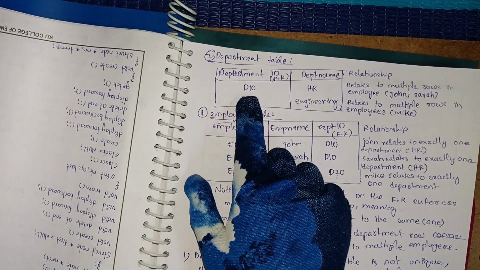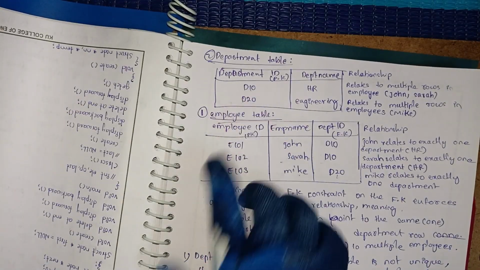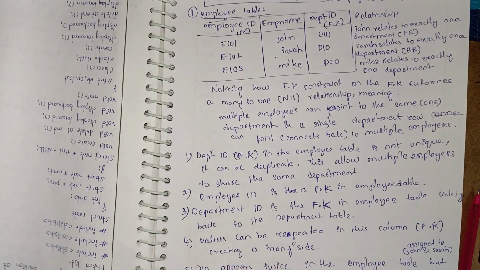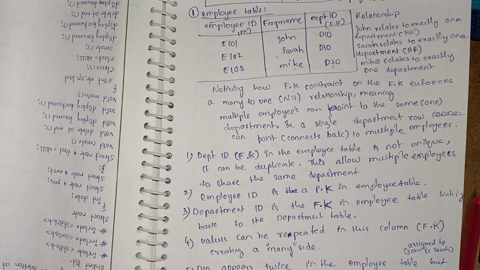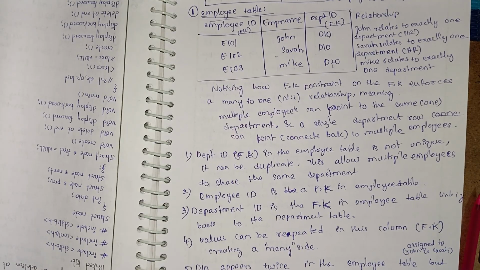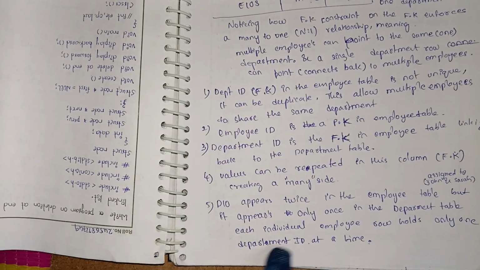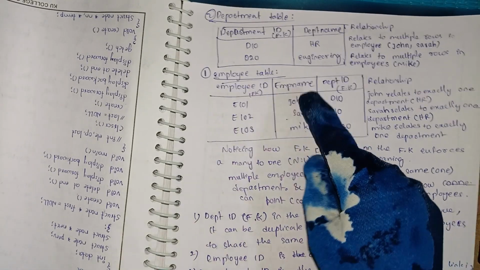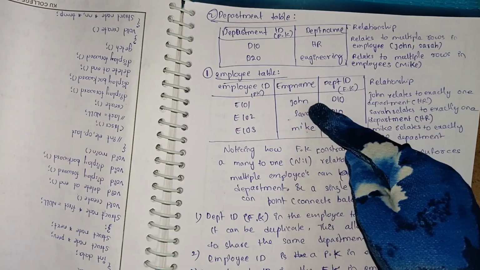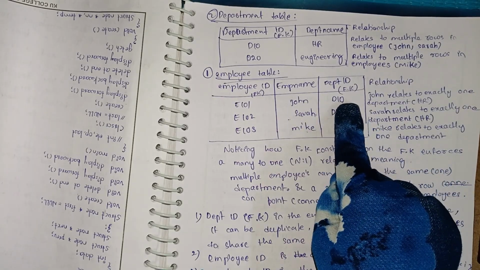Each individual employee row holds only one department ID at a time.